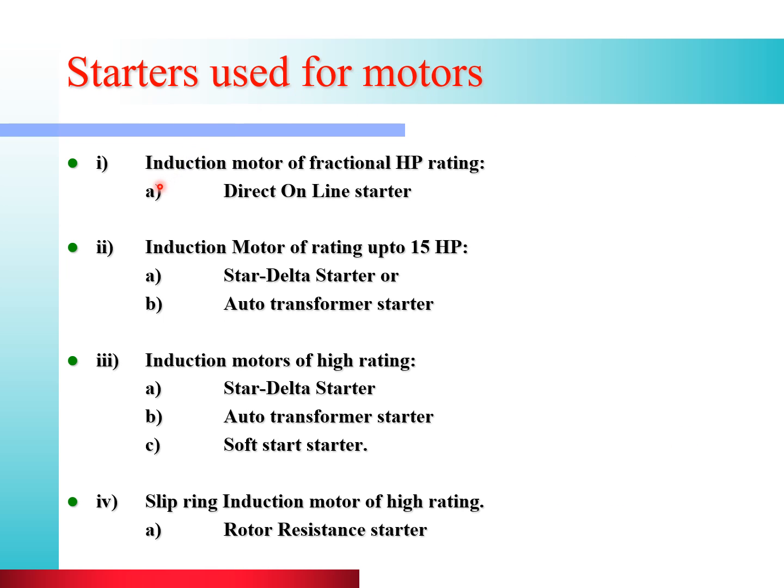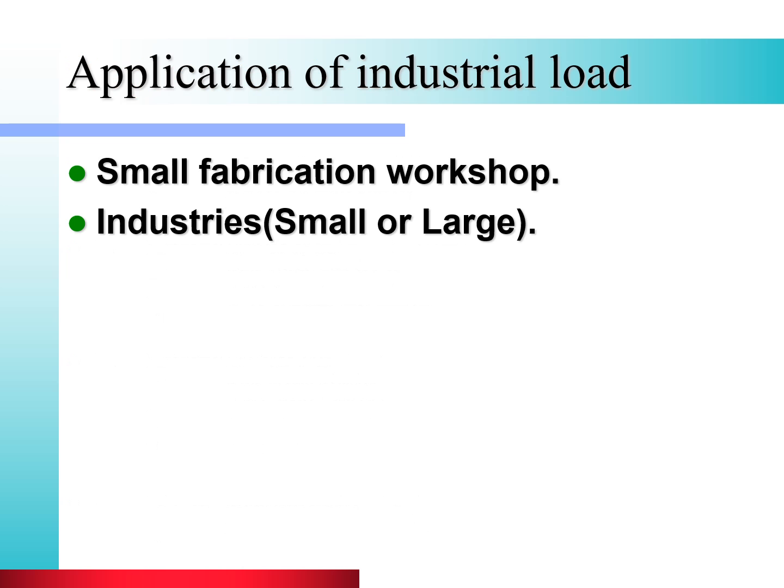Starters used for motors: for an induction motor of fractional horsepower rating, a direct online starter can be used. For an induction motor rating up to 15 horsepower, a star delta starter or auto transformer starter is used. For an induction motor of high rating, a star delta starter, auto transformer starter, or soft start starter can be used. For a slip ring induction motor of high rating, a rotor resistance starter is used.